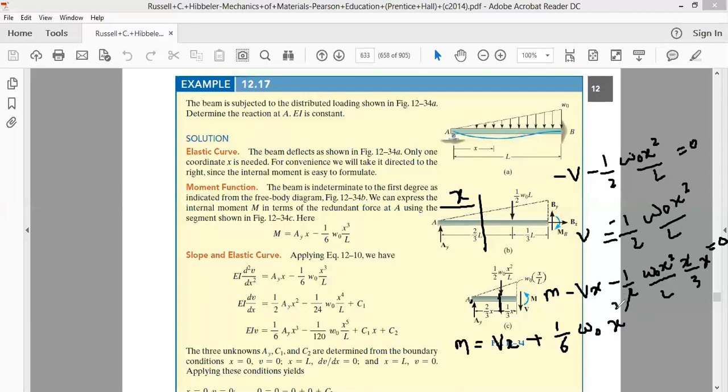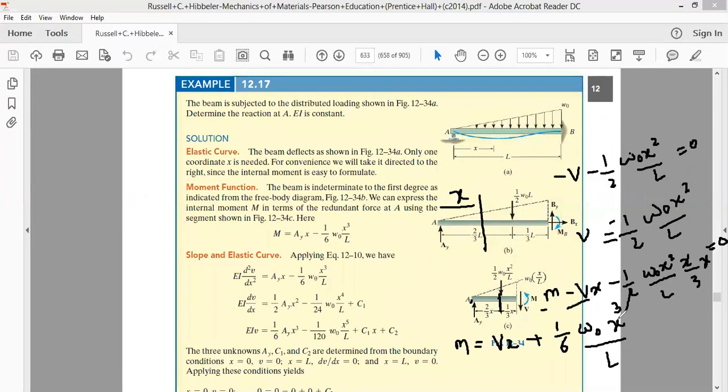Now we have to be very careful about the signs. This M is anti-clockwise, which we have taken positive. The moment because of V is V into x, which is clockwise. That's why this has been taken as negative.